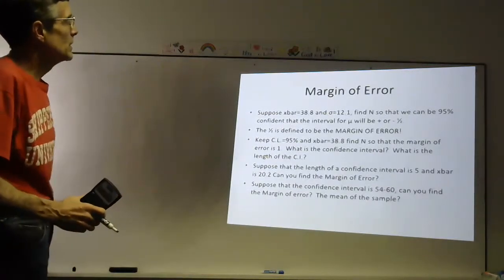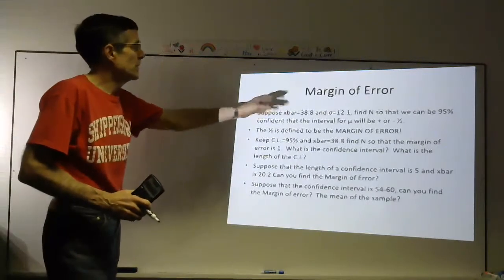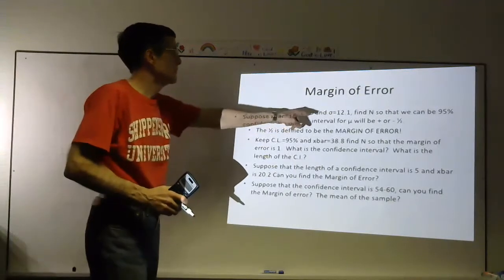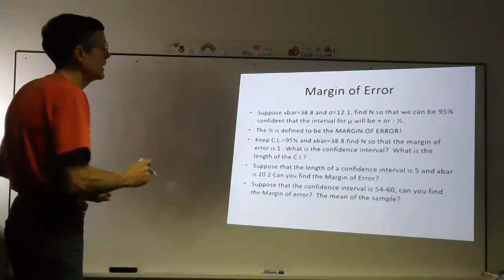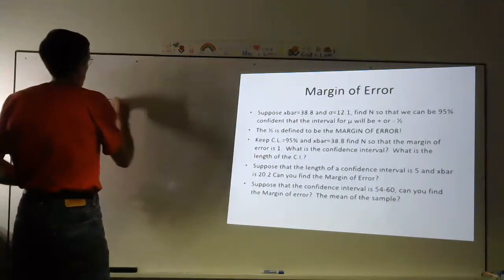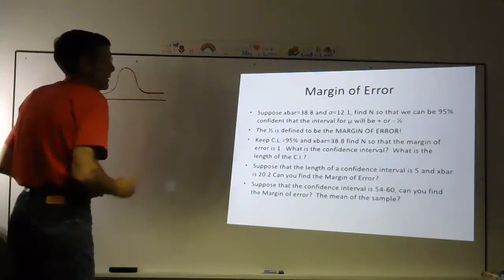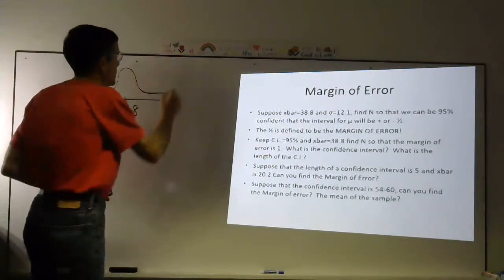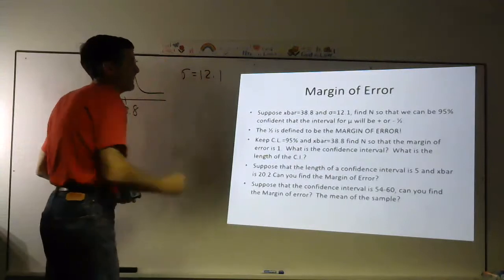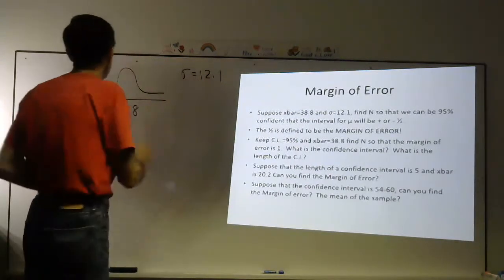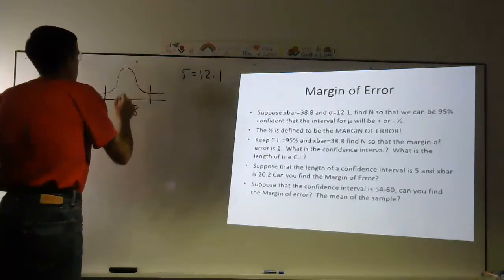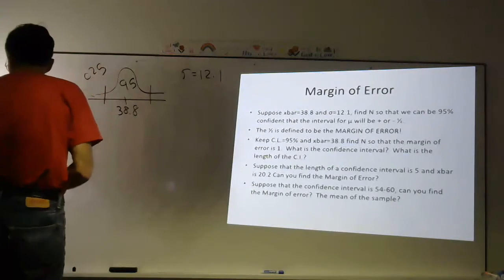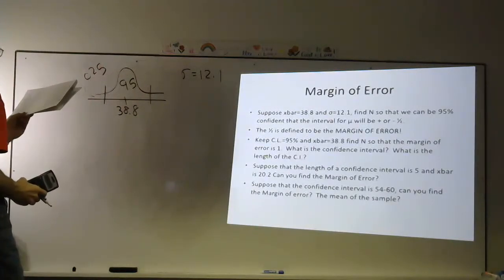All right, so here we go. Suppose X bar is 38.8, sigma is 12.1, find n so that we can be 95% confident that the interval for mu will be plus or minus a half. All right, so what we've got here, we have X bar is 38.8, sigma is 12.1, find n, we want to be 95% confident. 95 is 0.95, this is 0.025, and I've looked this up so many times, why can't I remember it?